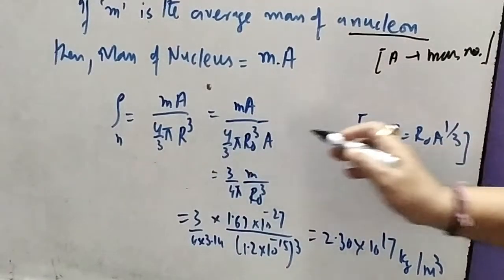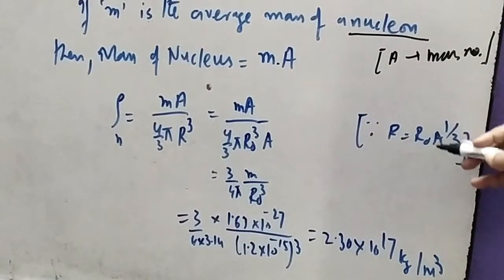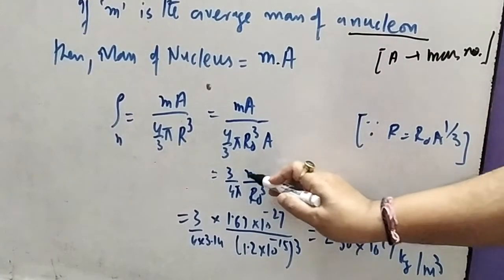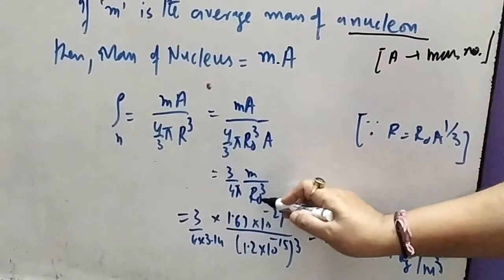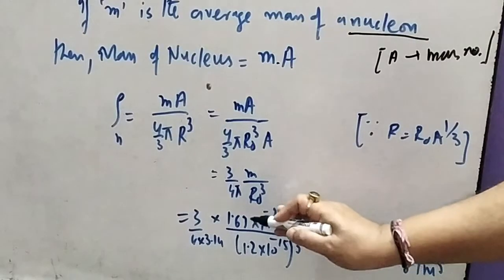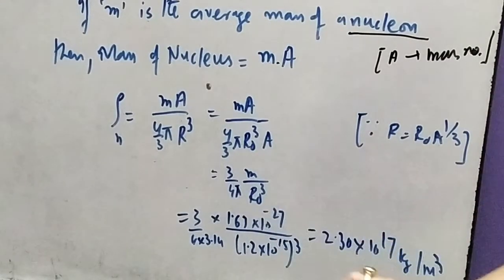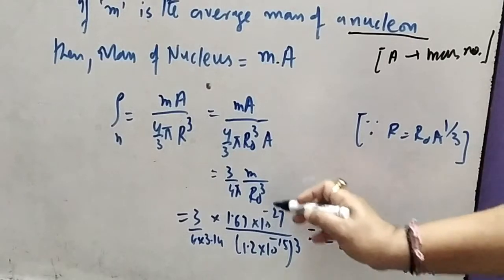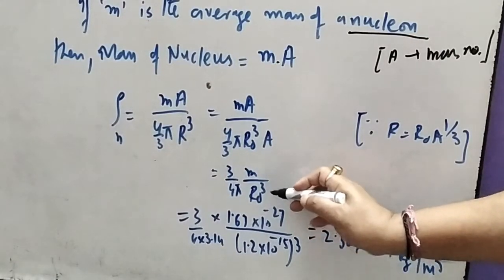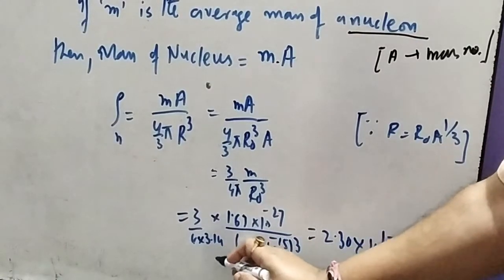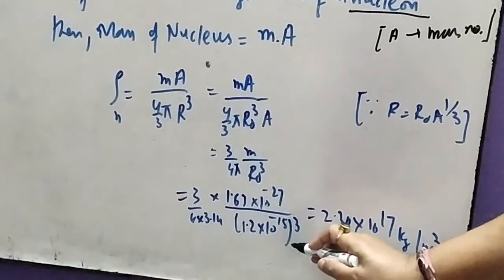If we put that in, A to the power 1 by 3 whole cube is just A, so A gets cancelled, and ultimately we are left with 3 m upon 4 pi r naught cube. r naught is the average size of a nucleon, which we discussed in the previous part, equal to 1.2 femtometer or fermi, and we place the value of pi as 3.14.